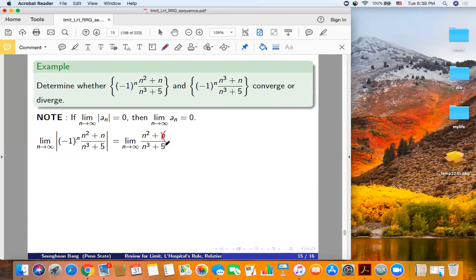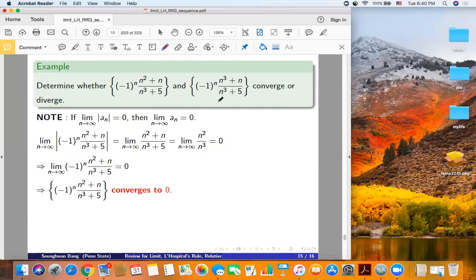You have to ignore the lower terms, cross out and square. The bottom one is growing faster than the top one, so the answer is 0. So the absolute value approaches 0. What happens to the original one? The original one approaches 0 as well. This is the whole idea.